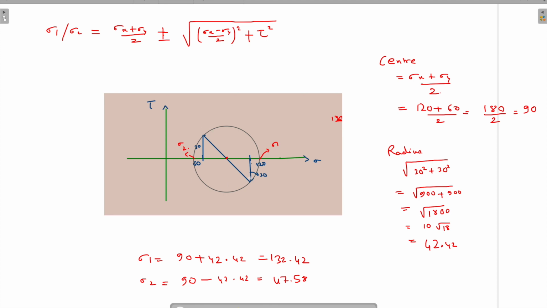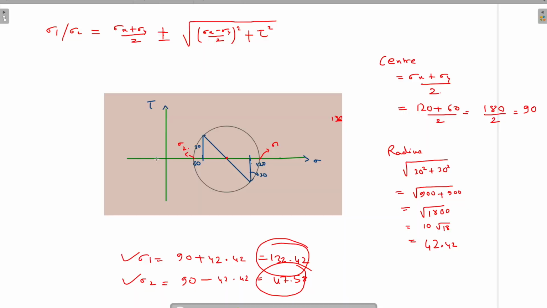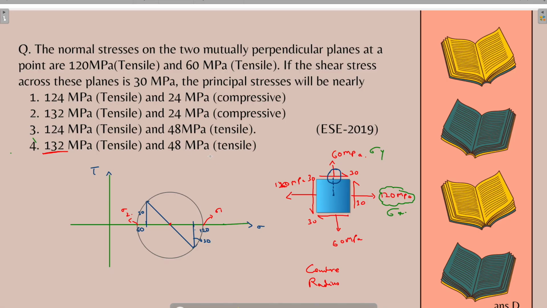So we have already got the values of sigma 1 and sigma 2. It is 132.42 and 47.58. Let's check the answer. 132 is in tensile direction, and 47.58, that is near about 48 MPa, is also in tensile direction.